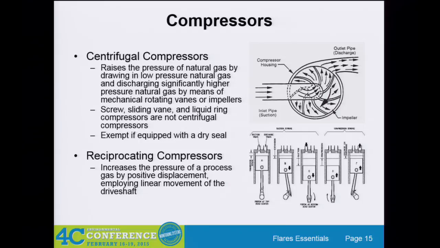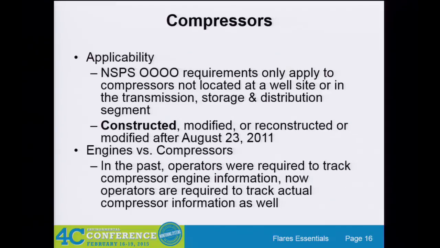Quite frankly, I think there's tens if not hundreds of centrifugal compressors, not that many with wet seals anymore. I feel like there's hundreds or thousands of reciprocating compressors out there in the marketplace. So just a nice depiction of the difference. And we're talking about emissions that come off of the mechanical section of the compressor, not out the stack where you have your combustion emissions.